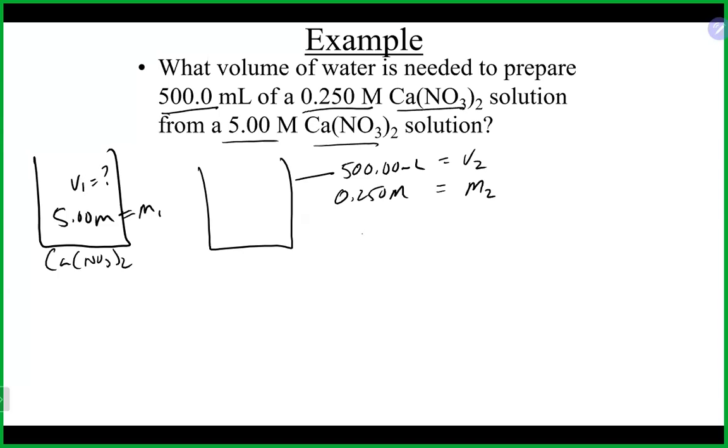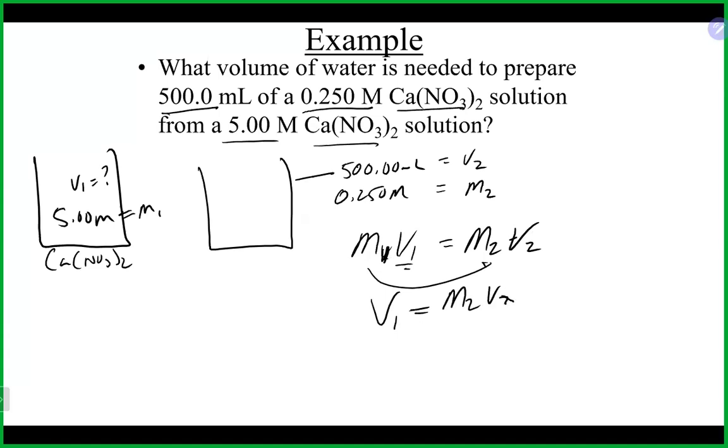So in this case, we'll do M1V1 = M2V2. Here we are going to solve for V1, so we're going to divide that to the other side. That's going to give us V1 is equal to M2V2 over M1. Putting in our numbers here, M2 is 0.25 molar, 500 milliliters.